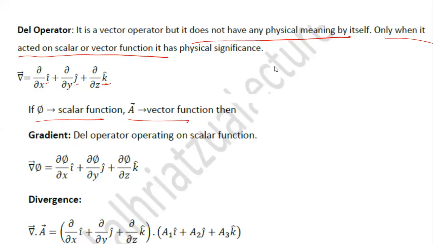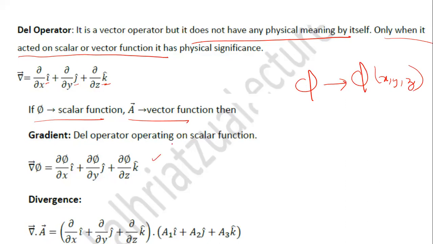Okay. So the del operator operating on a scalar function is called the gradient. For example, if we consider phi to be a scalar function, which is a function of x, y, and z, then the del operator, when it operates on such a scalar function, is called the gradient of scalar function phi.